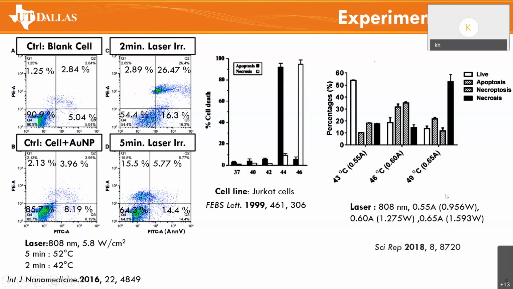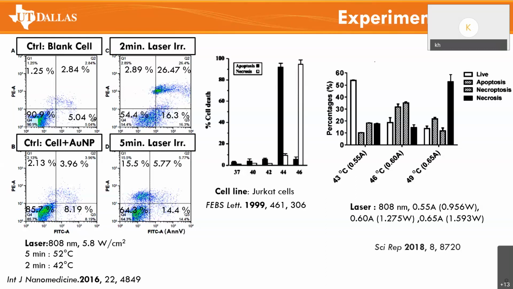Here you can see another work that explored the effect of temperature on the cellular death pathway. For this purpose, they used gold nanorods for melanoma cancer. They reported that at a lower temperature, 43 degrees Celsius, the cell killing was not efficient. When the temperature increased to 49, most of the cells were necrotic, but at the moderate temperature, 46 degrees Celsius, it was mainly secondary necrosis.